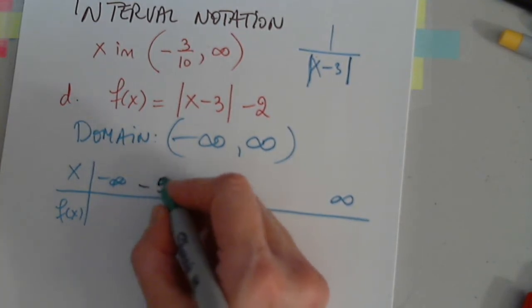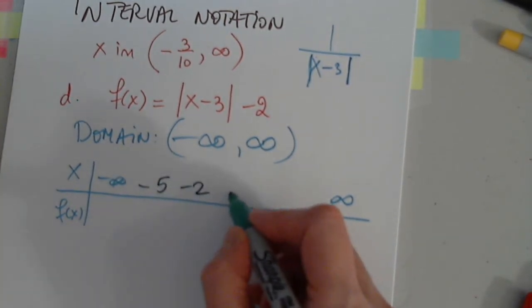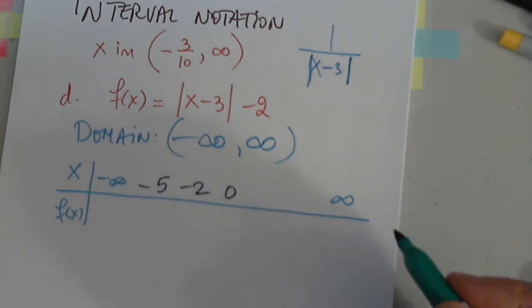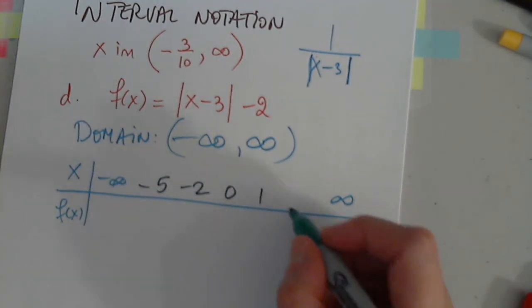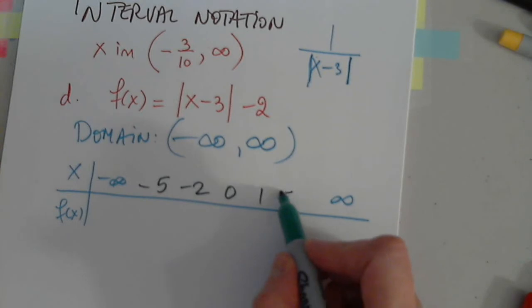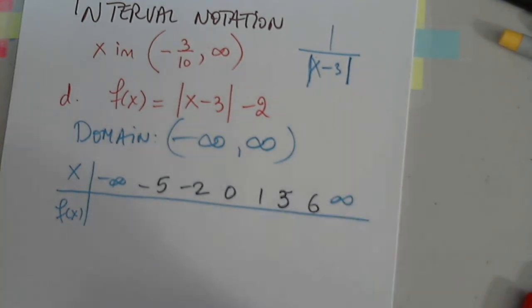Let's say -2, -5, 0, 1, and 6. And definitely 3, I want to see 3 as well. Perfect. Okay, so Oscar, can you give us the y values?